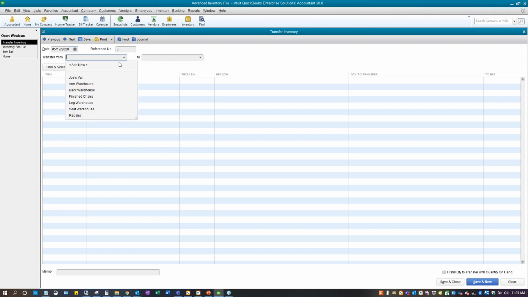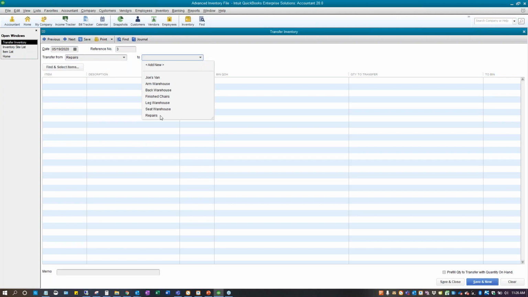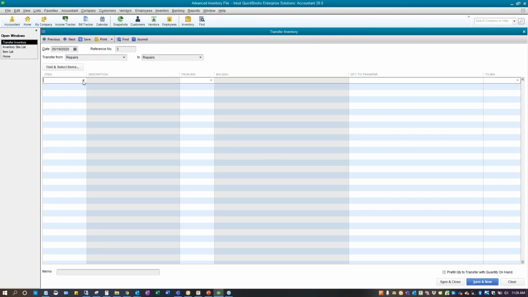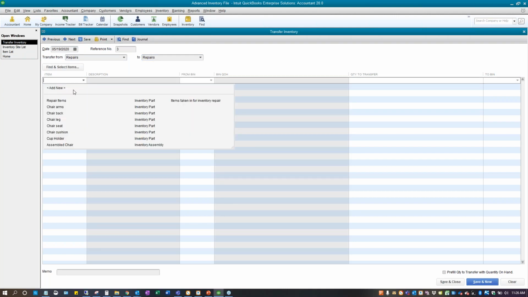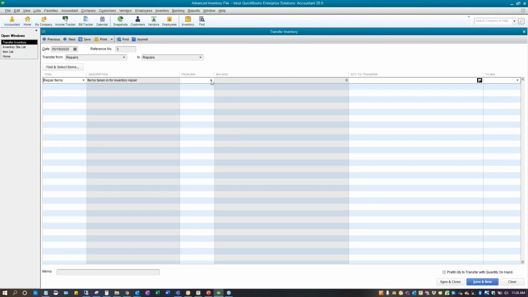And I'm going to say that I'm going to transfer from repairs to repairs. Then you pick, so I was using a generic repair item, which I might have a serial number. So I could say, all right, I have one in receiving, and then I'm going to move it to looking at.